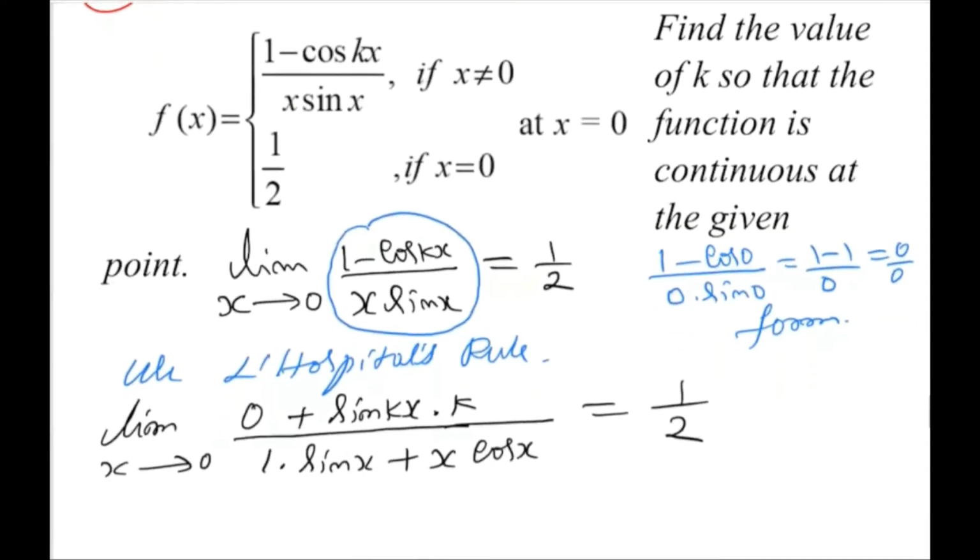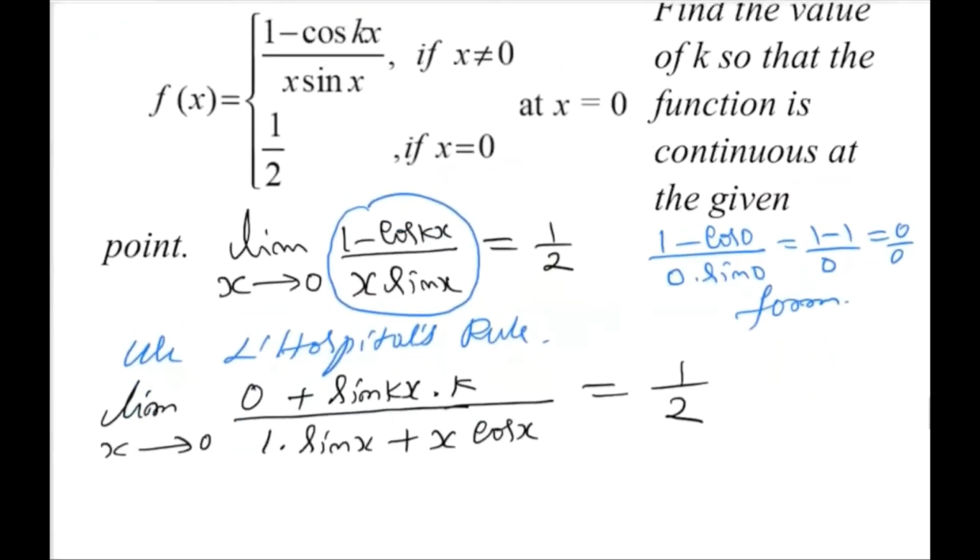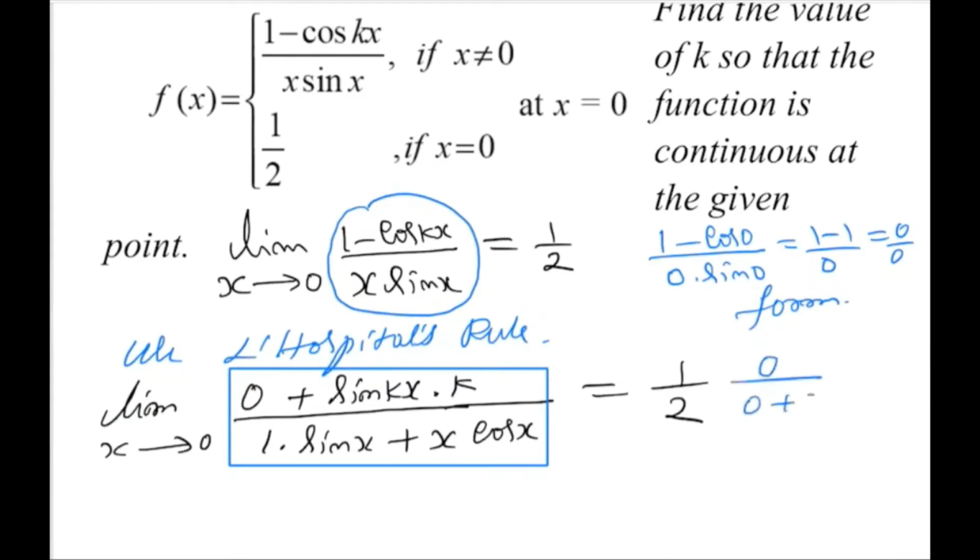Now, if you take x equal to 0 in this expression, let us see what happens. Sine 0 is 0. Here 0 into cos 0 is 1, but 0 into 1 is 0. So you get 0 by 0 form.